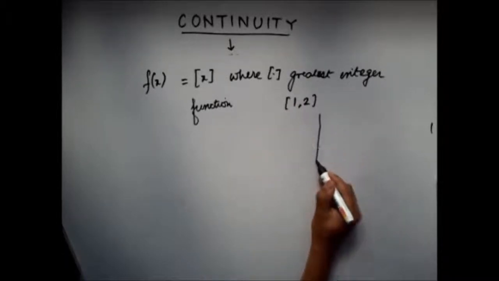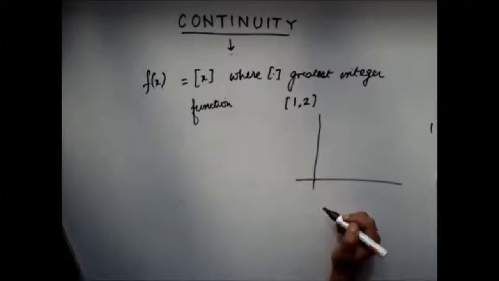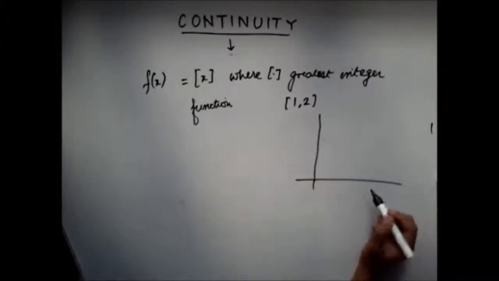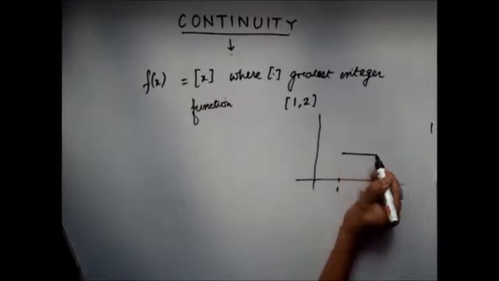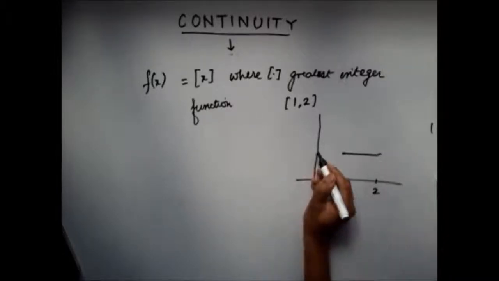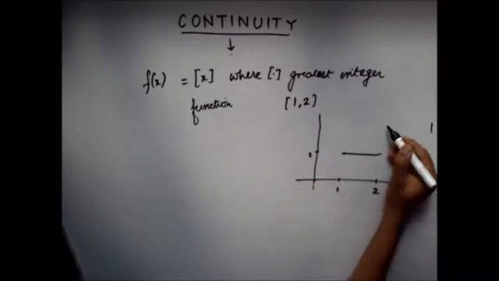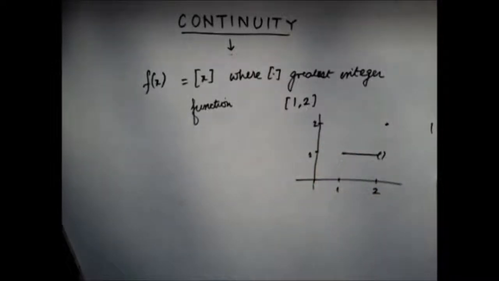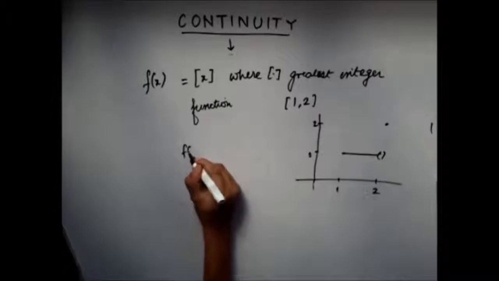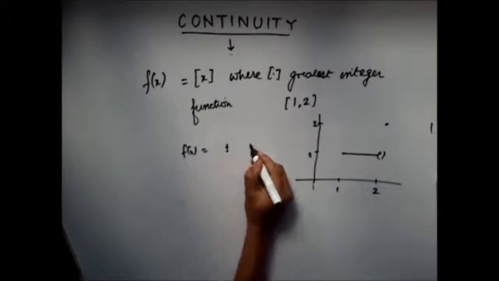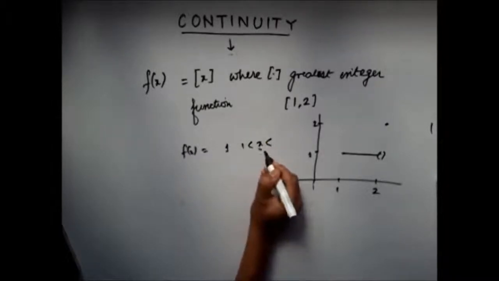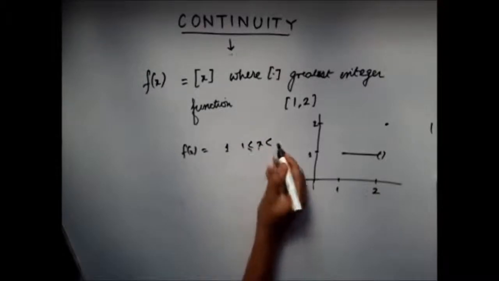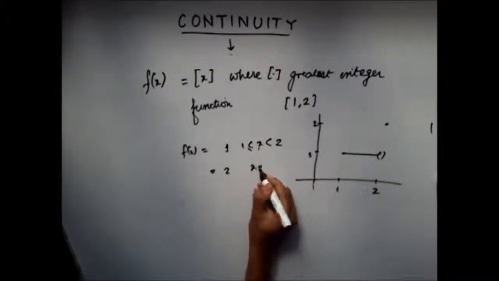Okay, so if you draw the graph of the box function between 1 and 2, the graph will look like this. It is equal to 1 when x lies between 1 and 2, and is equal to 2 for x equals 2.